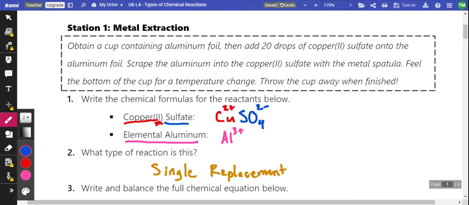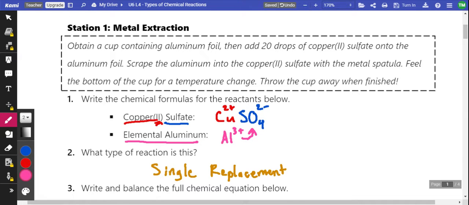If I try and put together the aluminum and the copper to make a compound, positives and positives are never going to cancel, no matter how many Cus and Als there are. It's just not going to work. They're not going to make a compound. So that's probably not the best idea. Instead, I should probably get the aluminum to go and bond with this sulfate polyatomic ion and steal that from the copper, leaving the copper on its own.